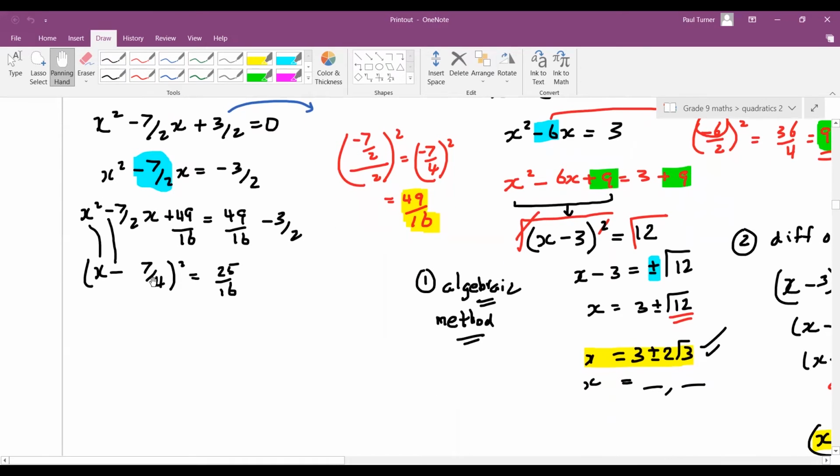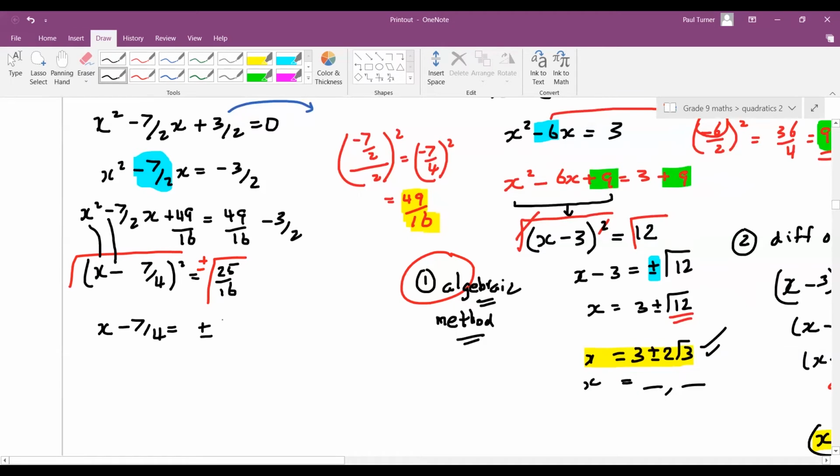Okay, so I think at this point, we'll use the algebraic method as we did here. So square root both sides, and that will become plus or minus. And then we'll have x minus 7 on 4 equals plus or minus.